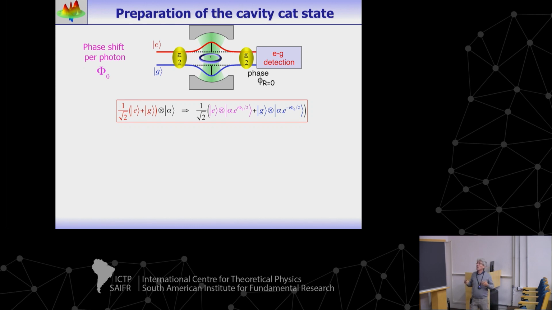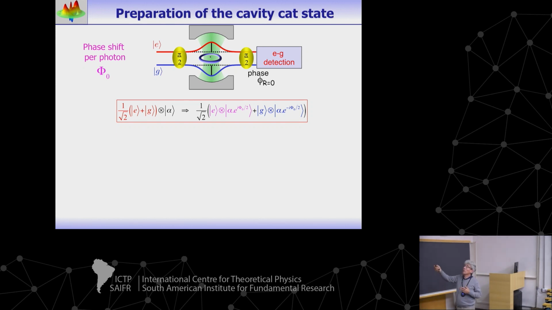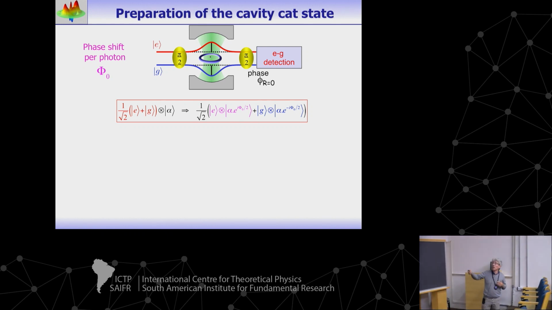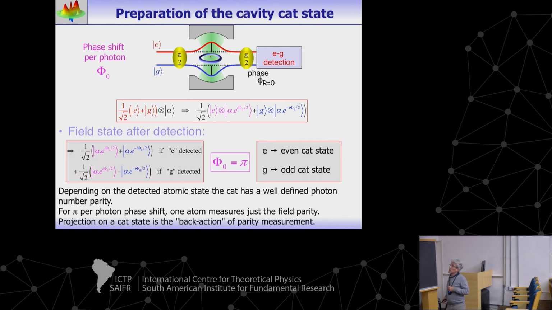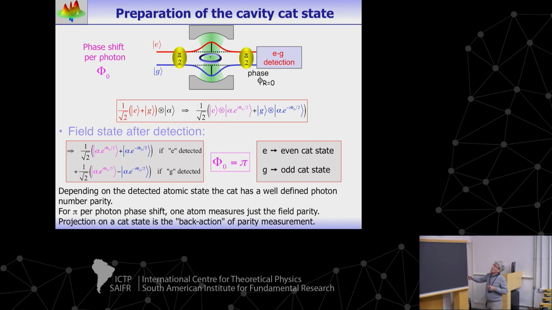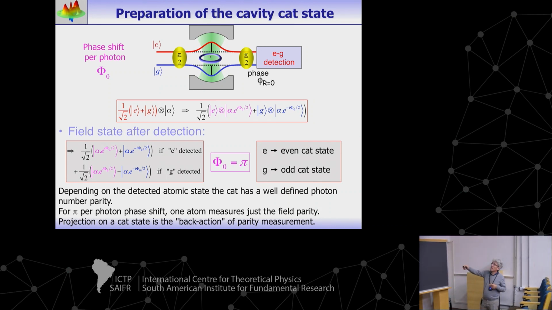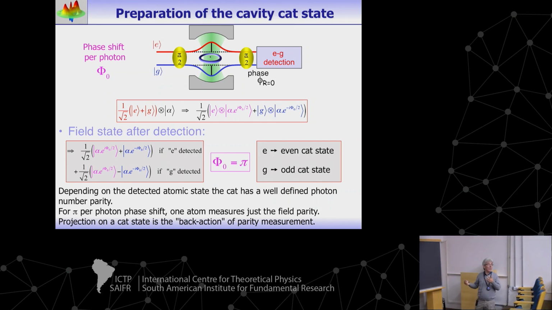And what I do to completely characterize the field, I will finish the story exactly in the same way as in the quantum non-demolition experiment. I apply a second pi/2 pulse to the atom, and I detect it. And what is the result of this detection? So the pi/2 pulse here transfers E to E plus G, G to E minus G, and in the end, when I detect E, I have a contribution of both these 2 components of the wave function.